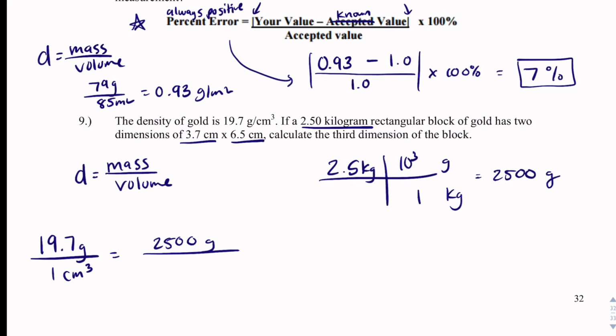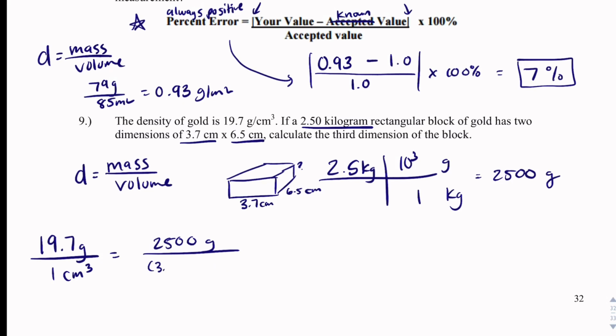And then for our volume, we have a rectangular block, so that might look something like this. And we've got 3.7 centimeters, 6.5 centimeters, so maybe we're trying to figure out the height. We know length times width times height gives us a volume, so let me plug in what I do know.